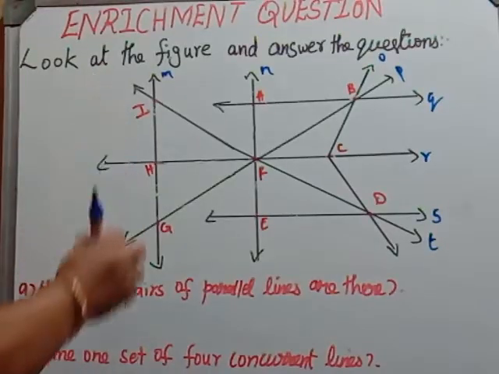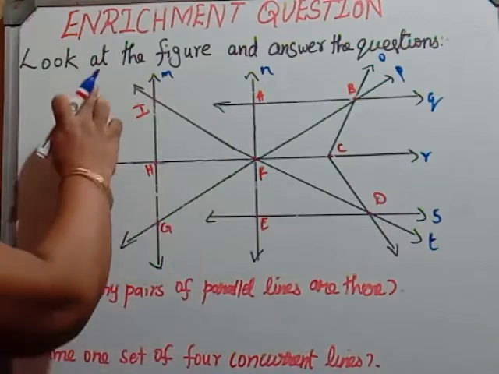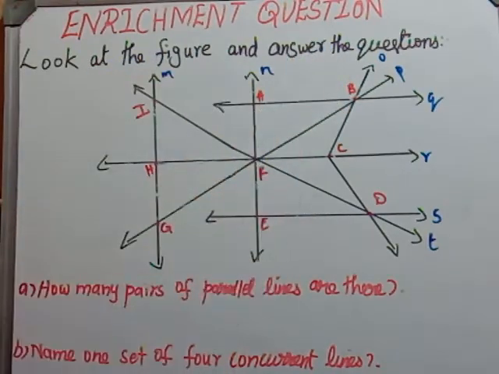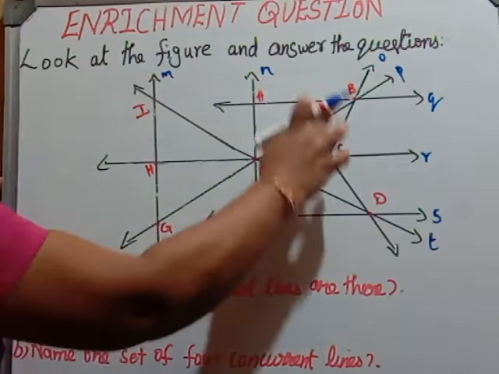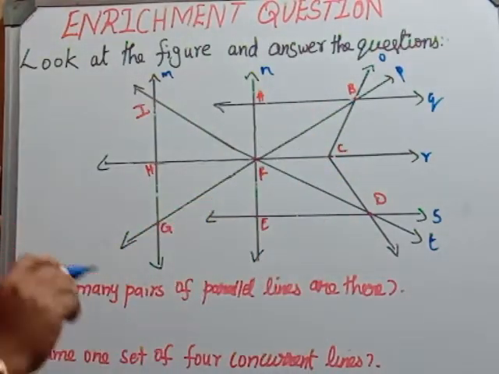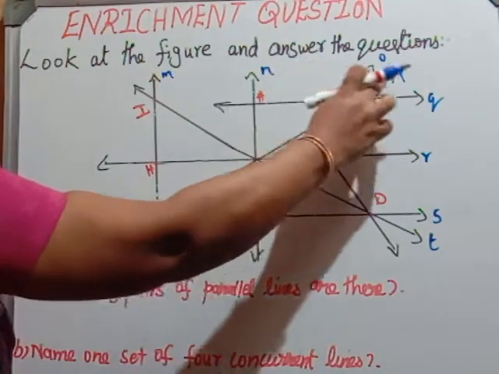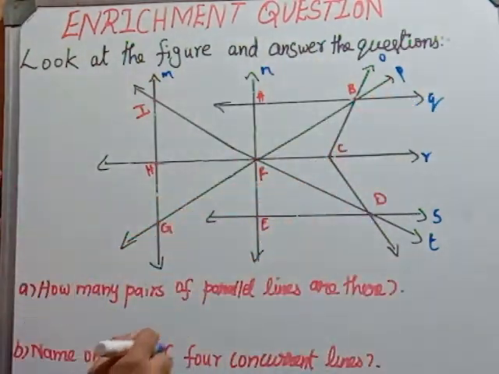Now, we are in the last part of this chapter, that is the enrichment question. Look at the figure and answer the question. Children, in your textbook, the points are mentioned in capital letters. They have not mentioned the lines. So, here all the names of the lines I have given on my own.